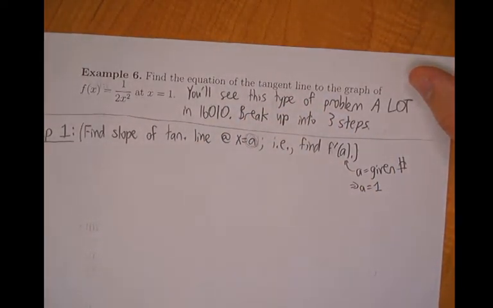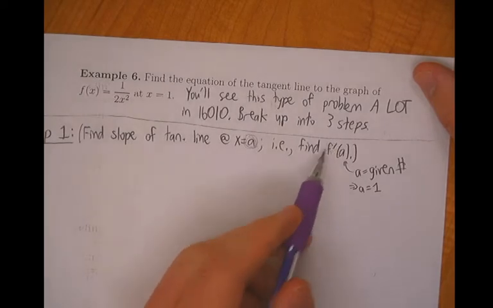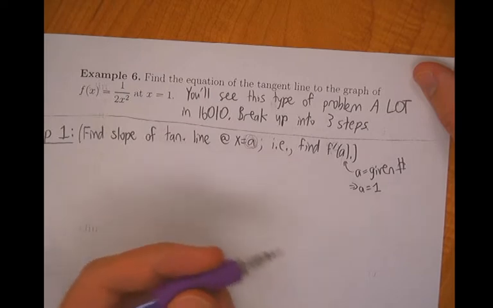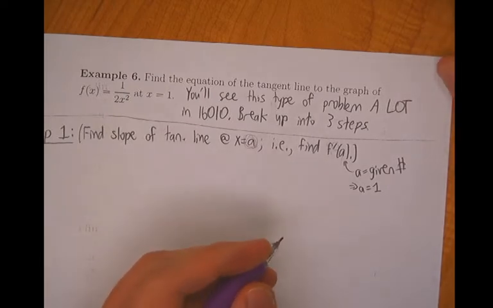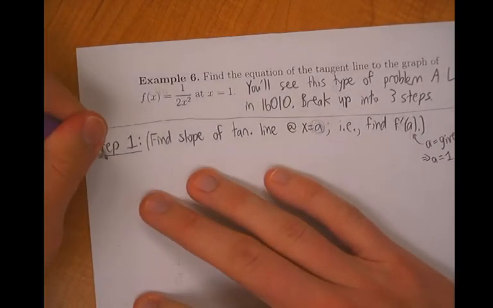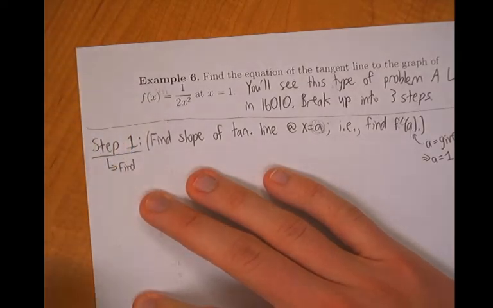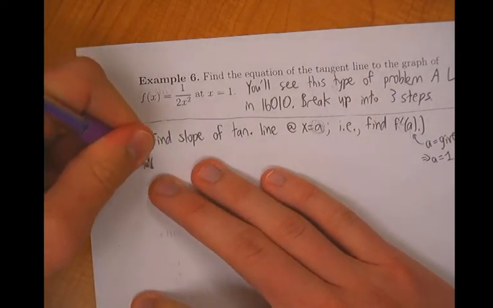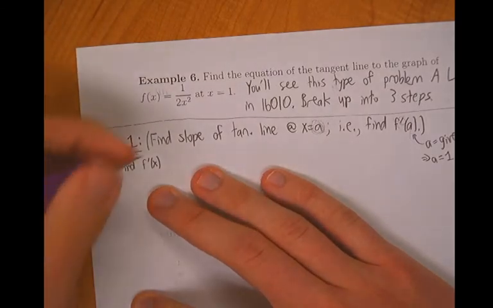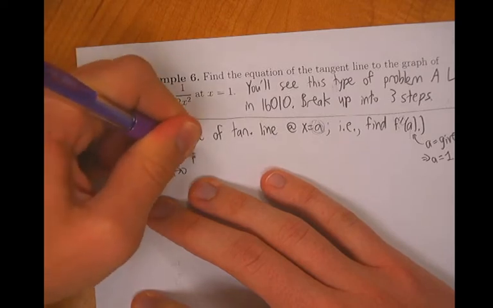Okay, so that's that part of the setup. Since the only tool we have at our disposal at the moment is the limit definition, that's what we have to use here. In order to find the slope of the tangent line, it might help to first find the derivative. So take the limit as h approaches 0 of our usual difference quotient.